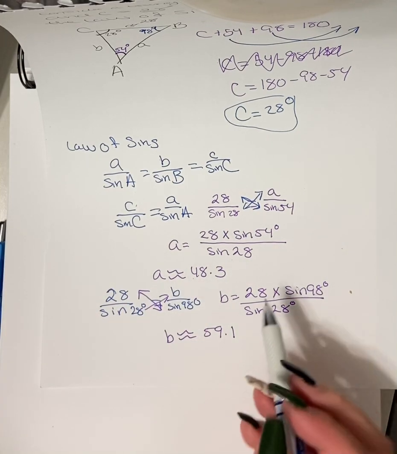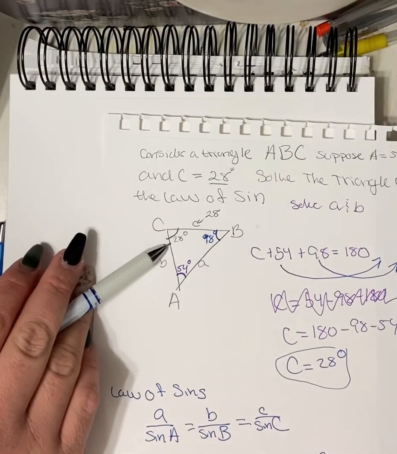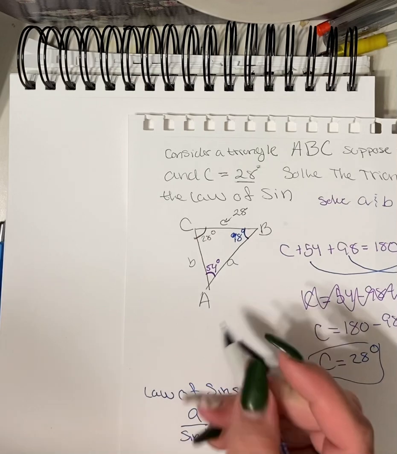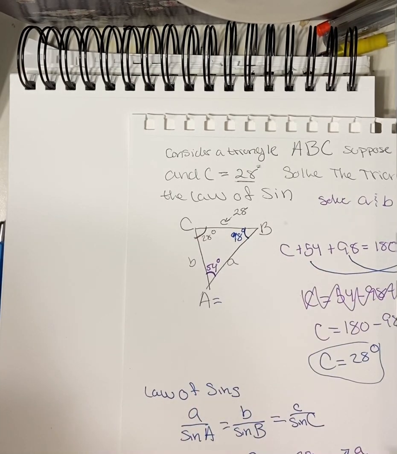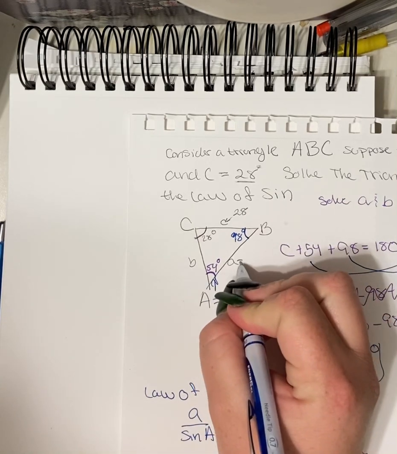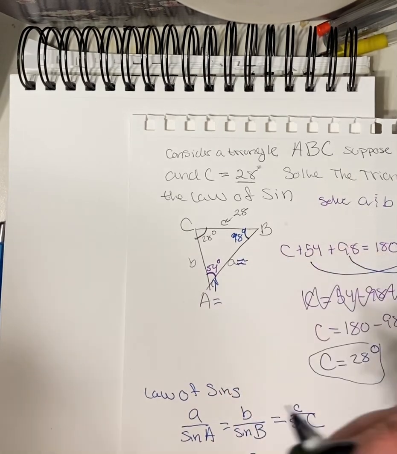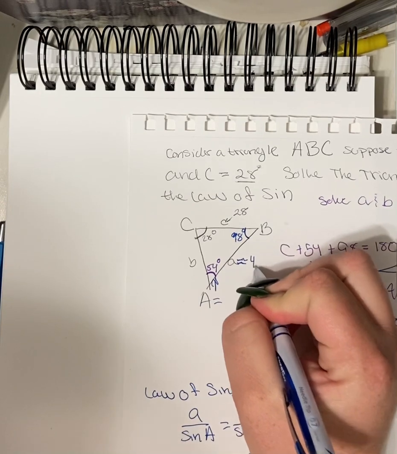So for our answers, we're going to look at this again. So A was equal to 54. Little a was equal to, well, approximately equal to, really, because who wants to write that long number?